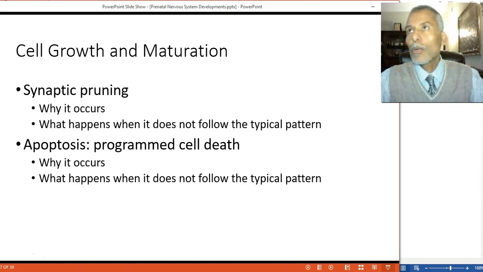The estimates go from about 200 billion down to about 100 billion or 85 billion that we have in the adult brain.